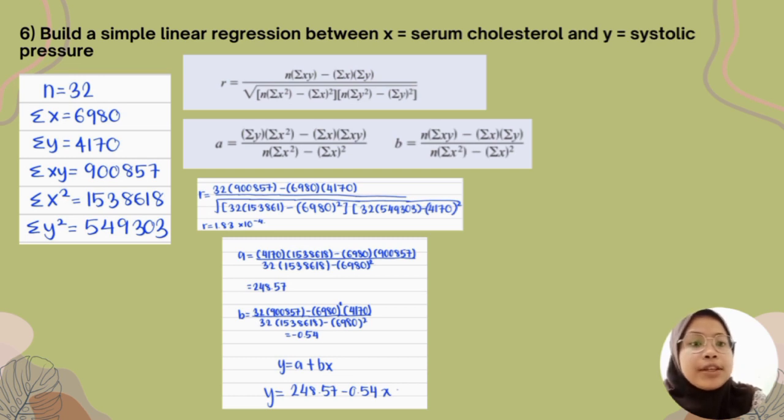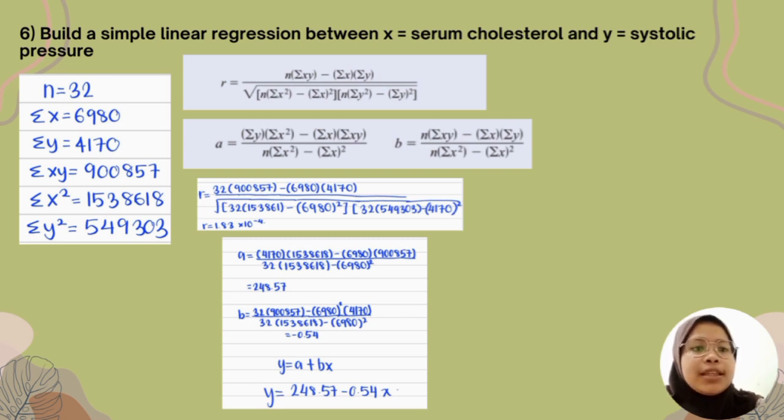Question 6. Build a simple linear regression between X equal to serum cholesterol and Y equal to systolic pressure. Firstly, we need to find the total of X, total of Y, total of XY, total of X squared and total of Y squared. After we get the totals, we need to use the r formula. After we get the r value, we need to find the a value and b value in this formula.